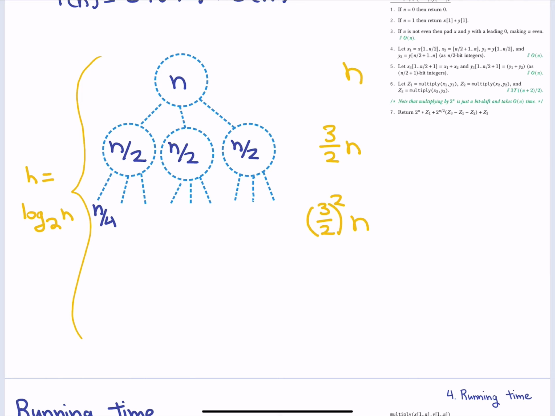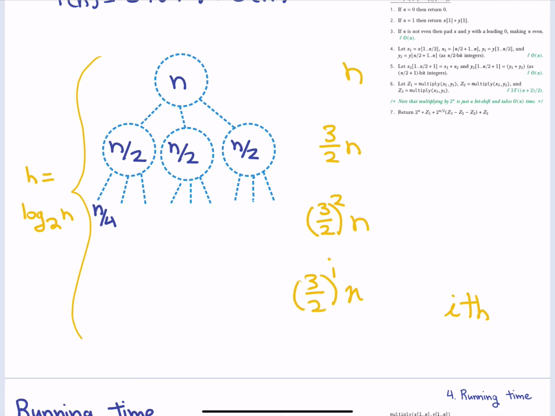In general, at the ith level, what would it look like? The ith level is going to be (3/2) to the i times n. So this is already looking better, right?